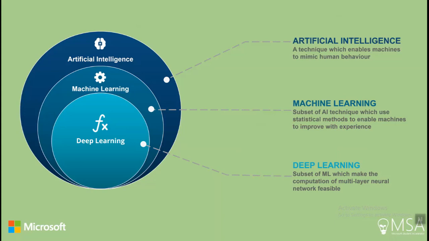And then a subset of artificial intelligence is machine learning. These are more to do with the mathematical models you use for machine learning. So that could be statistical techniques or other machine learning models and algorithms that you use for this purpose of getting more intelligent behavior. And then deep learning is a subset of machine learning.